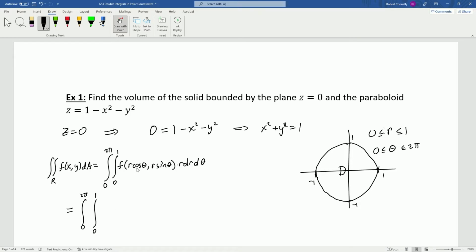So we plug in place of x, r times cosine theta. We get 1 minus r squared cosine squared theta. And then we plug in place of y, r times sine theta. So this is minus r squared sine squared theta. All of that's going to be multiplied by r dr d theta.